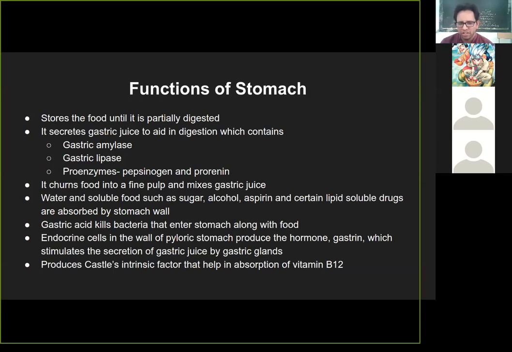It churns the food. The stomach allows the churning of the food into a fine pulp and mixes it with gastric juice. Because it is mixing with the gastric acid and gastric juices, it causes fine breakdown of the physical particles as well as at the molecular level.